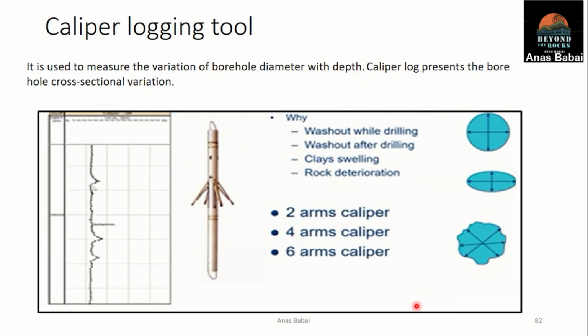Now we come to our phase 2. It's caliper. We have covered most of the logs before, so this time we will only cover those new logs which have not been covered.